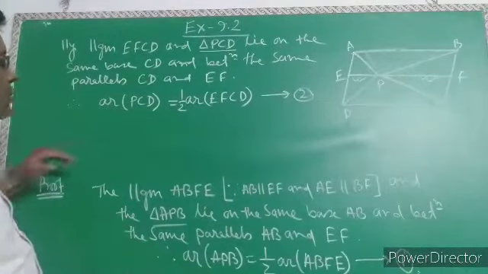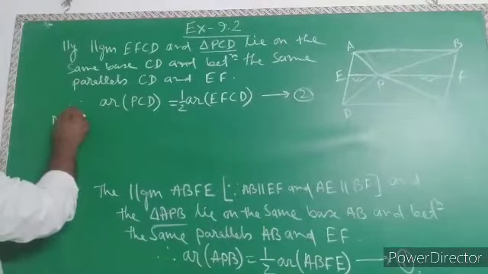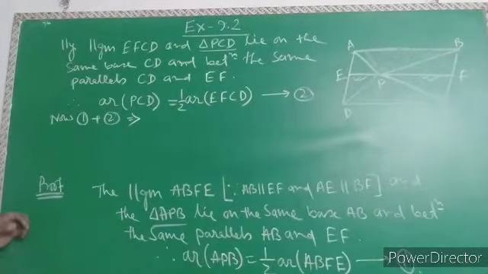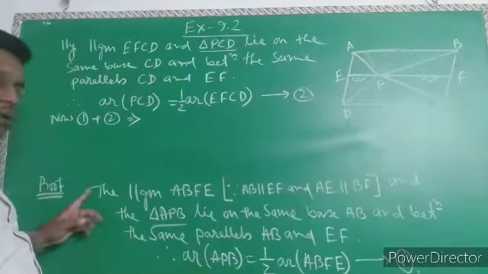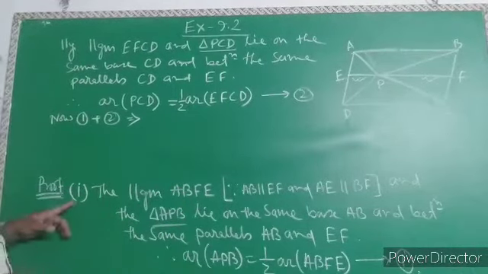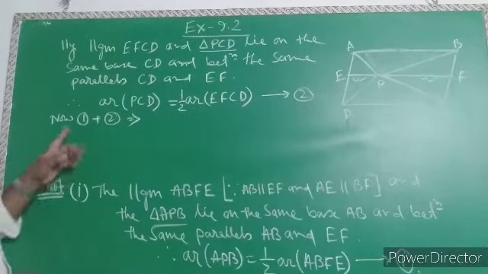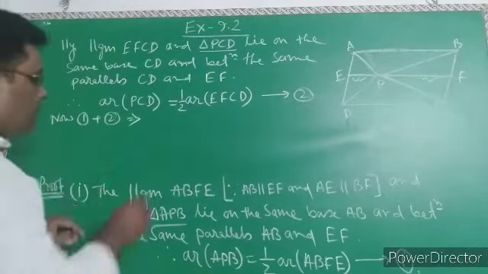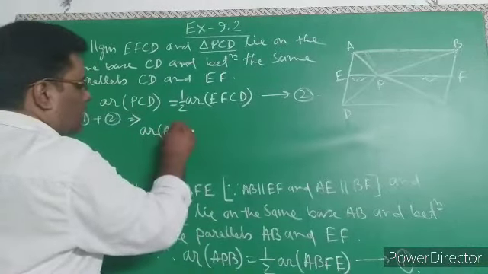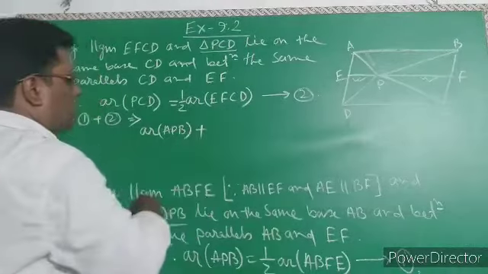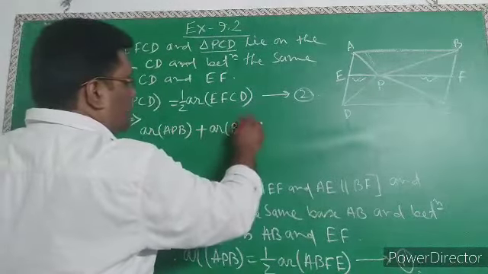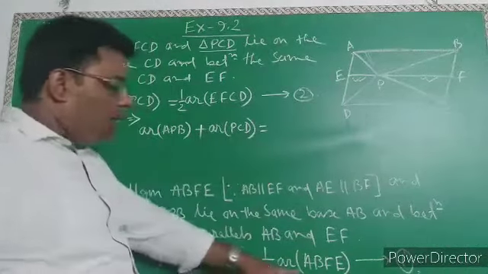Now add these two. Now 1 plus 2. So left hand side plus left hand side: area of APB plus area of PCD is equal to right hand side plus right hand side.